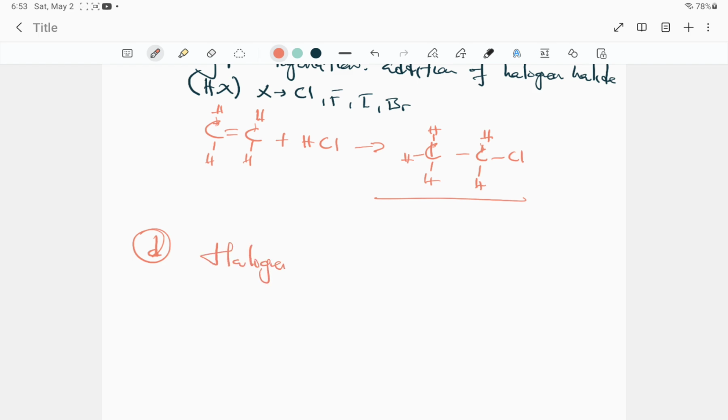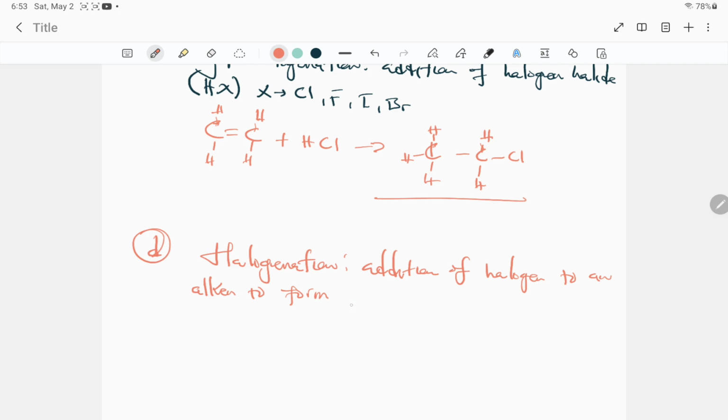If you say halogenation, we are simply saying the addition of halogen to an alkene. What are we forming? To form what we call now the haloform.